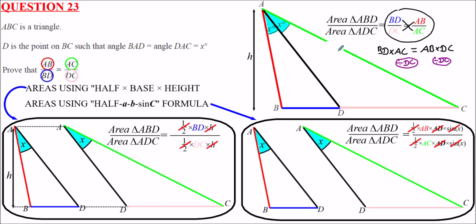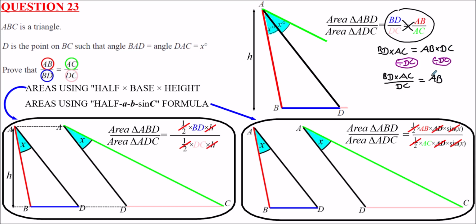Let's make some more space here as well. That triangle served its purpose. So dividing both sides by DC, we have BD times AC over DC, and then the DCs cancel here, just leaving us with AB.